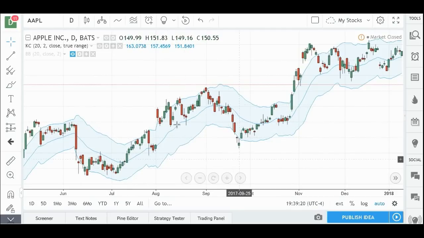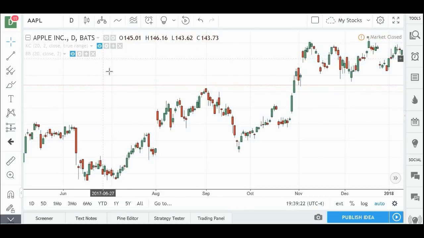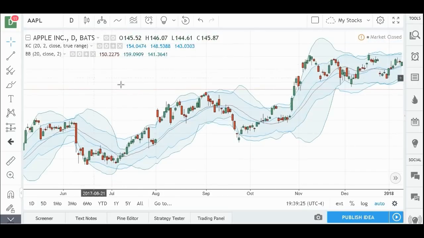All right. Now, some people actually put both up, the Keltner channels and the Bollinger Bands. And by the way, I've got the Keltner channels also on 20 and 2, just like the Bollinger Bands, 20 and 2. All right, so I've got both up here, and it may be confusing looking, but it is interesting.